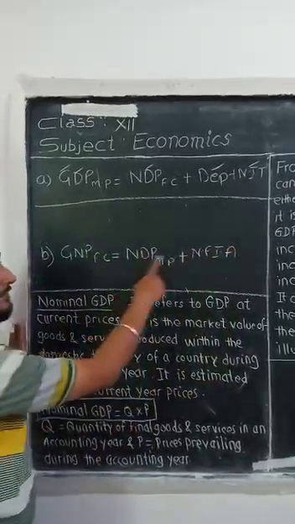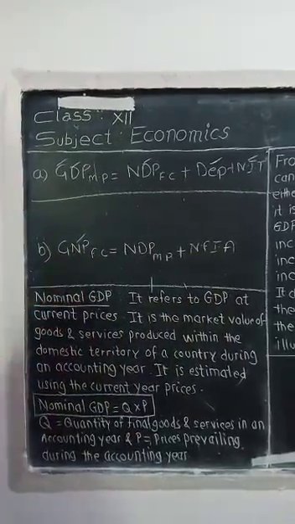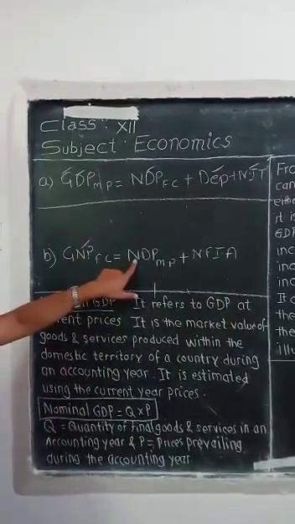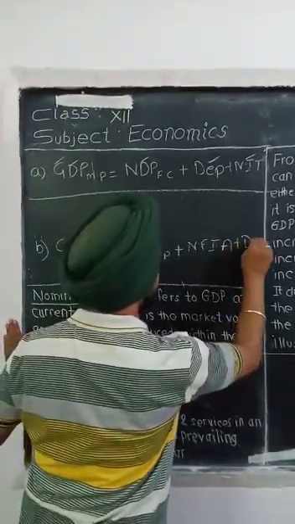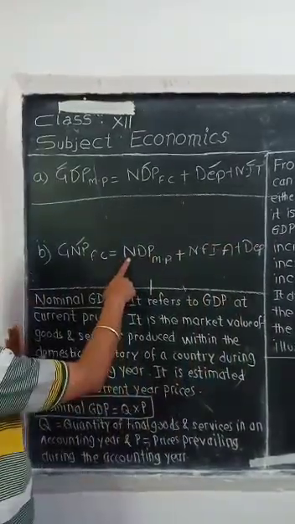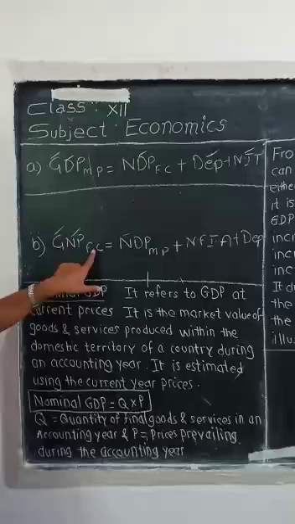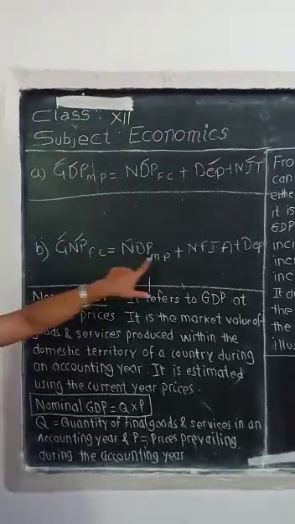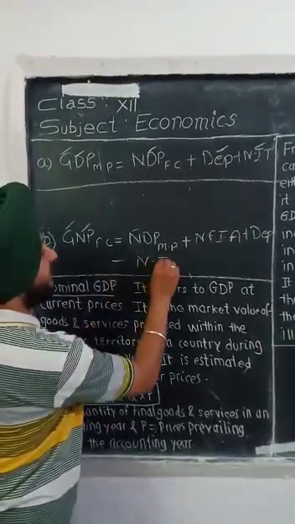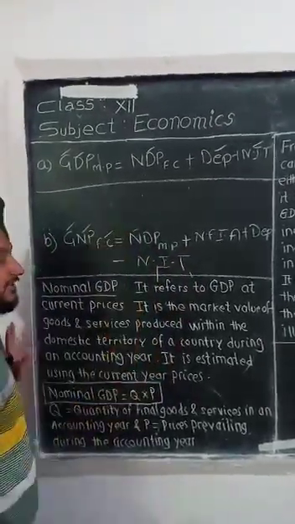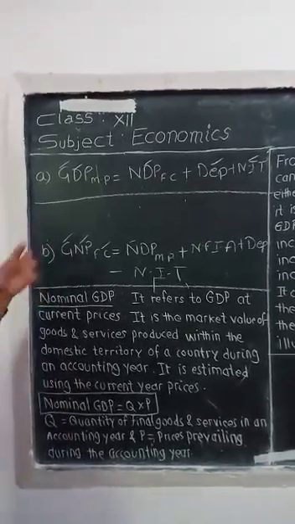Now we are at net and want to reach gross, so add depreciation. And we are at market price but want to reach factor cost, so subtract net indirect taxes. This is the solution of the last two parts.